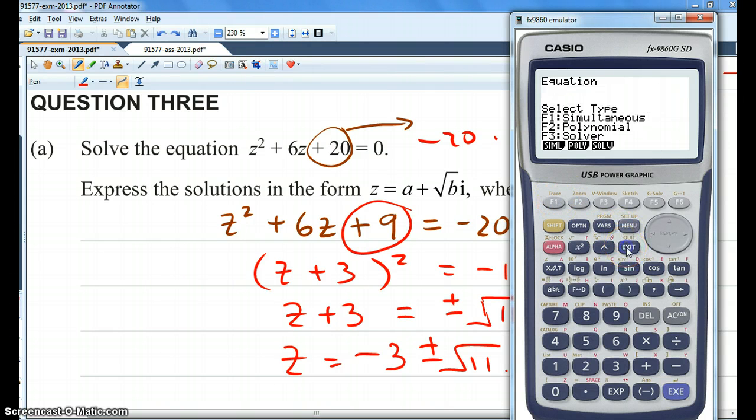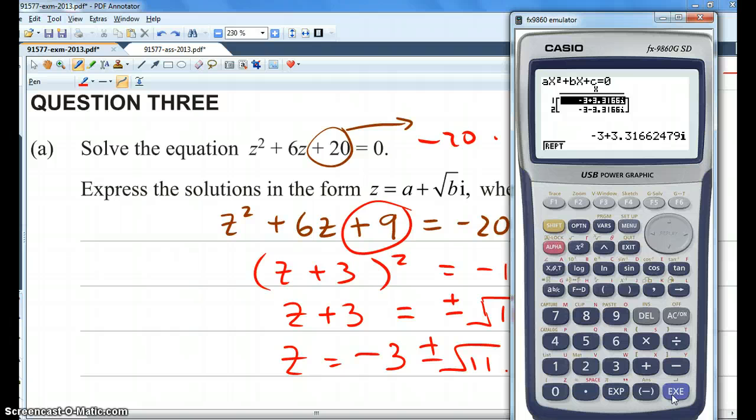I didn't want it simultaneous, I wanted polynomial, degree 2, execute, and so 3.3166 2479, sweet. So that's one of the roots, and the other one, of course, is the minus of the same thing.